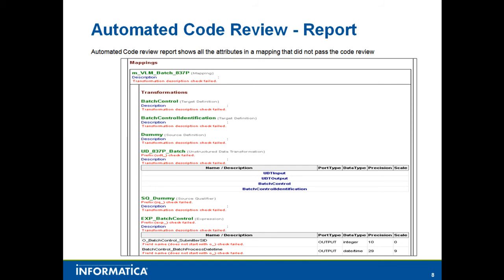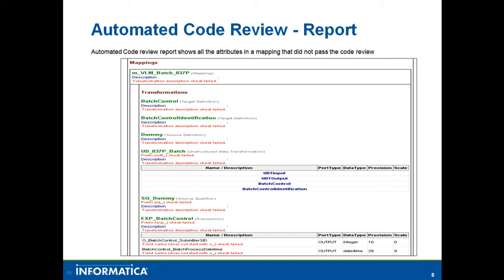Now this is a review report that is published at the end by going through your code. It's an HTML report. In this you will see all the mappings along with the transformations below your mapping, and places where the tool found anomalies will be shown in this nice HTML report.